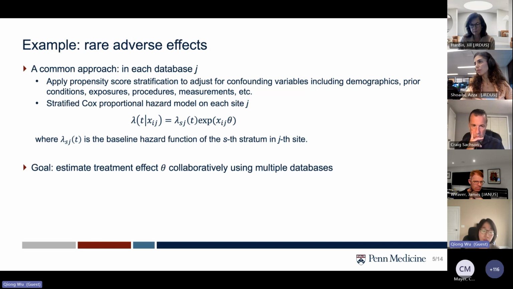For example, we can use the stratified Cox regression with a stratum-specific baseline hazard function, while the treatment effect, the parameter of interest, will be shared across strata and across databases. Then our goal is to estimate this treatment effect, this parameter theta, using the multiple databases.